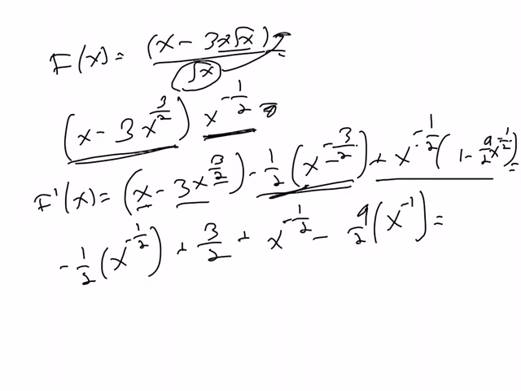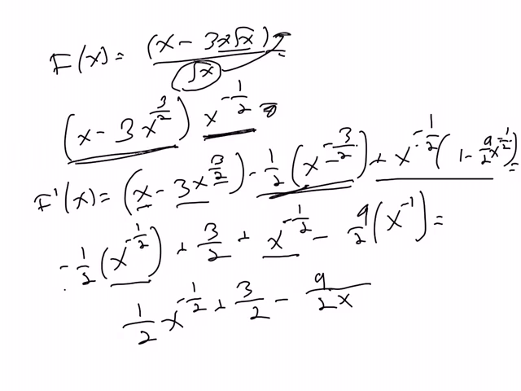Okay, so this plus that, so that's a negative, this is going to give us a half x to the negative 1 over 2 plus 2 over 3. So this kind of looks like what we want, except there's minus 9 over 2 over here, and then you have an x down here.